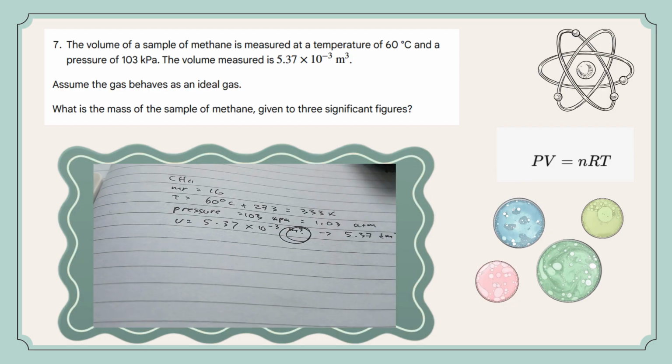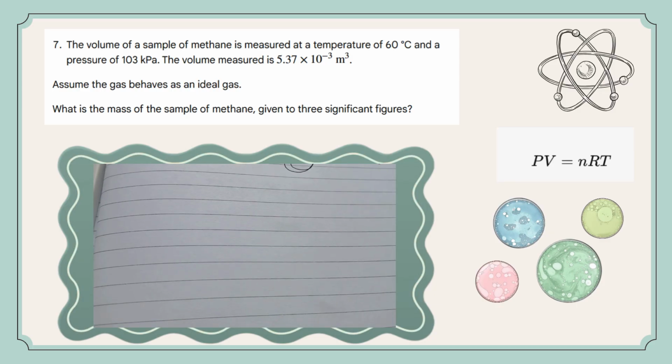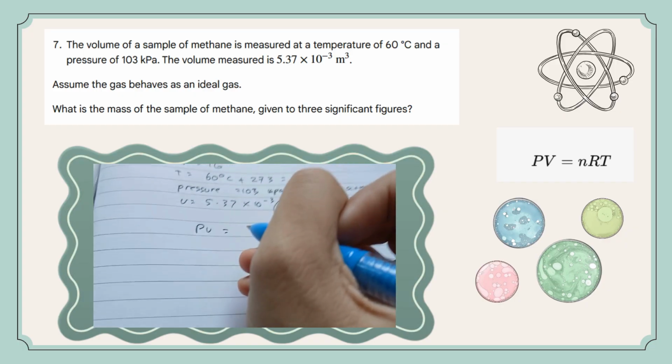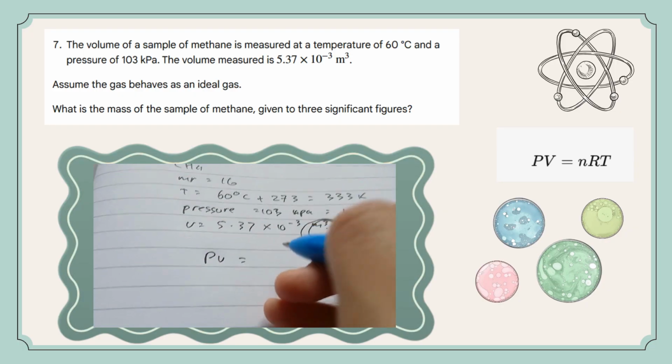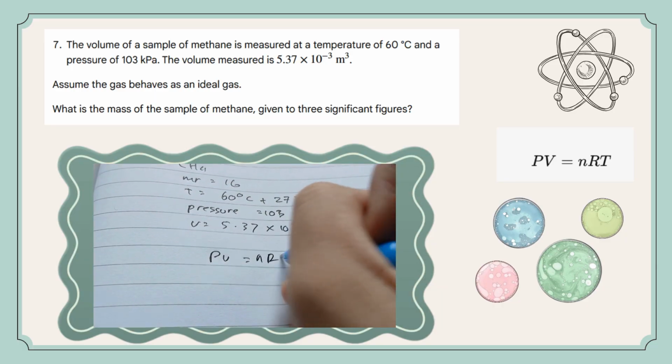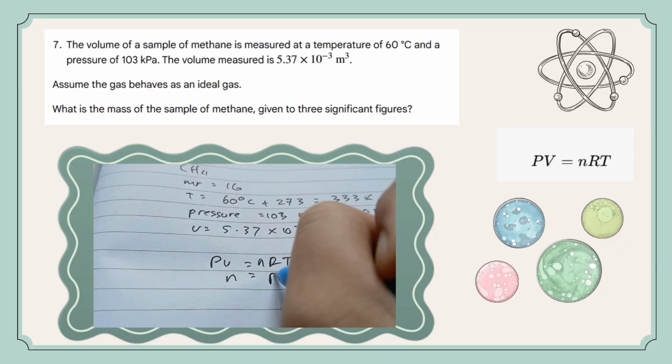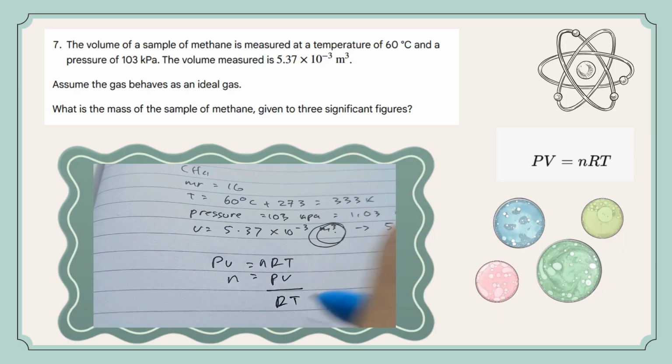First, to determine the mass, we have to find the mole first. The equation is PV equals nRT. To find the mole, it's PV over RT.